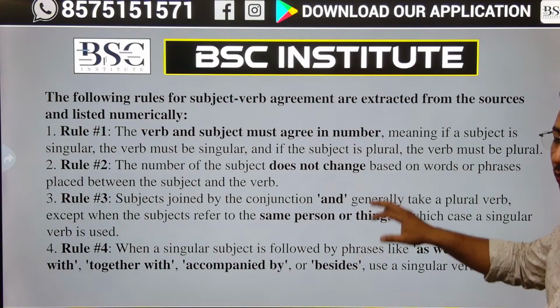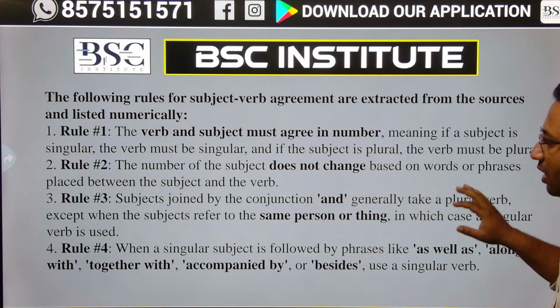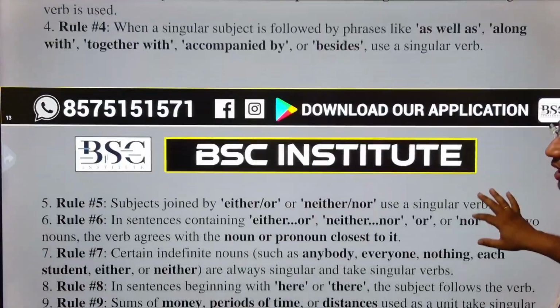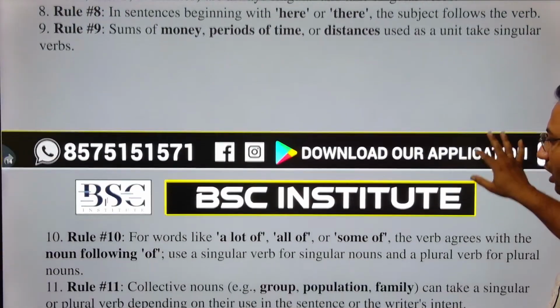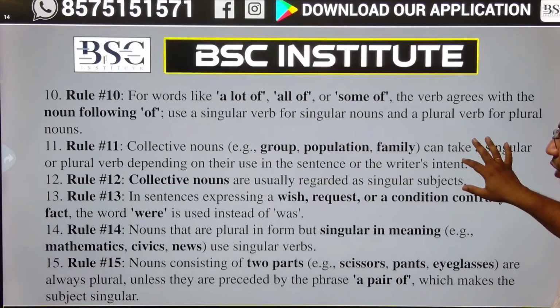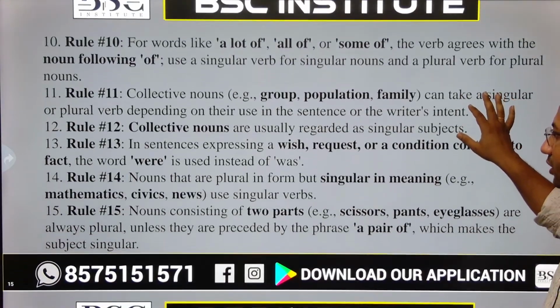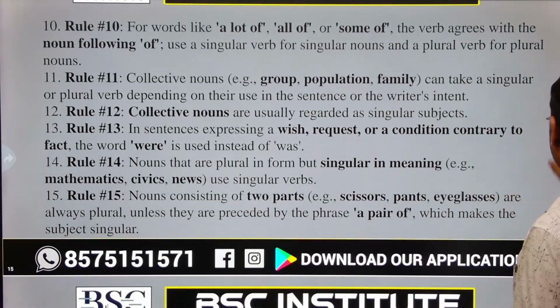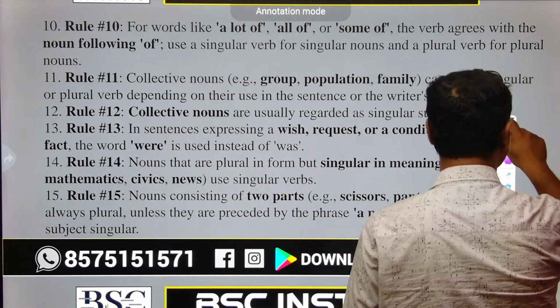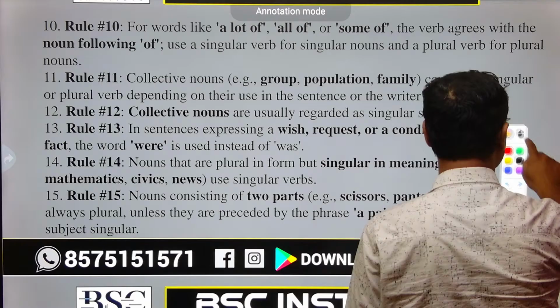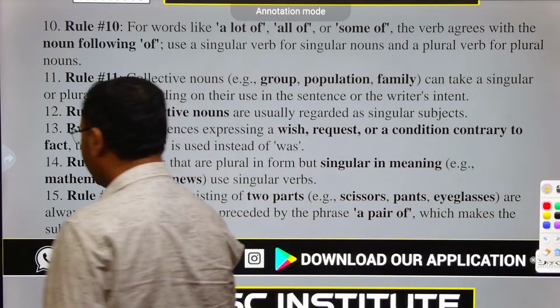I have discussed up to 10, so I will discuss from 11 onwards, the next rule. So let us start, and if you have any questions, please let me know.